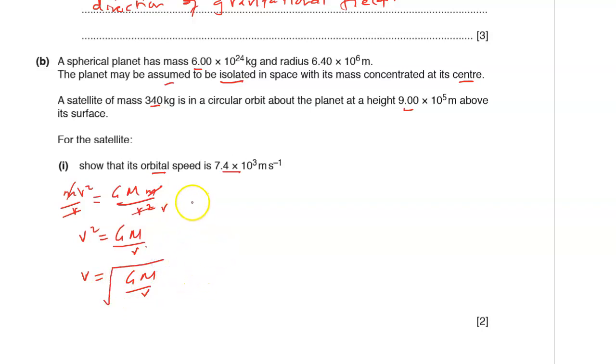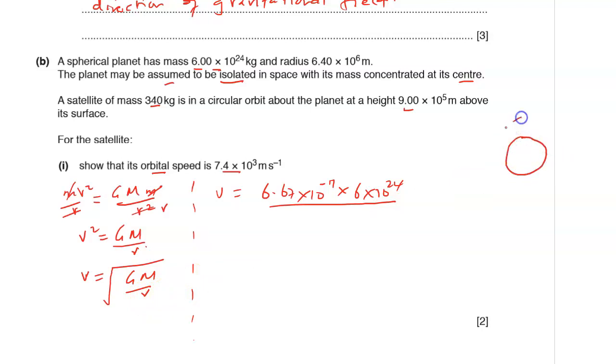Now we're calculating v, and we know that G is 6.67 times 10 raised to the power minus 11, times the mass here, which is given as 6 times 10 raised to power 24, over r. If this is the planet, and this is the orbit around which the satellite is orbiting, the r we are describing here is this distance.